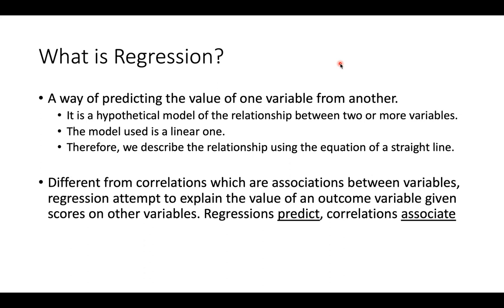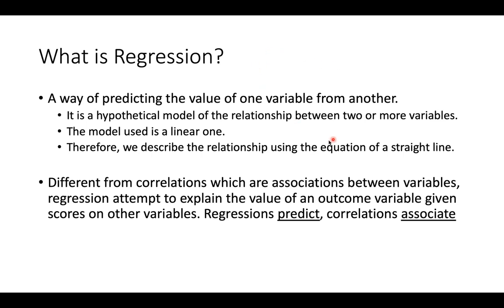We're not putting people into groups. We're not manipulating a true independent variable for an experiment. Regressions are non-experimental. They are quote unquote correlational in nature, because we are simply assessing already occurring behavior in the world. We're just measuring things. And then with those measurements, we're trying to predict.